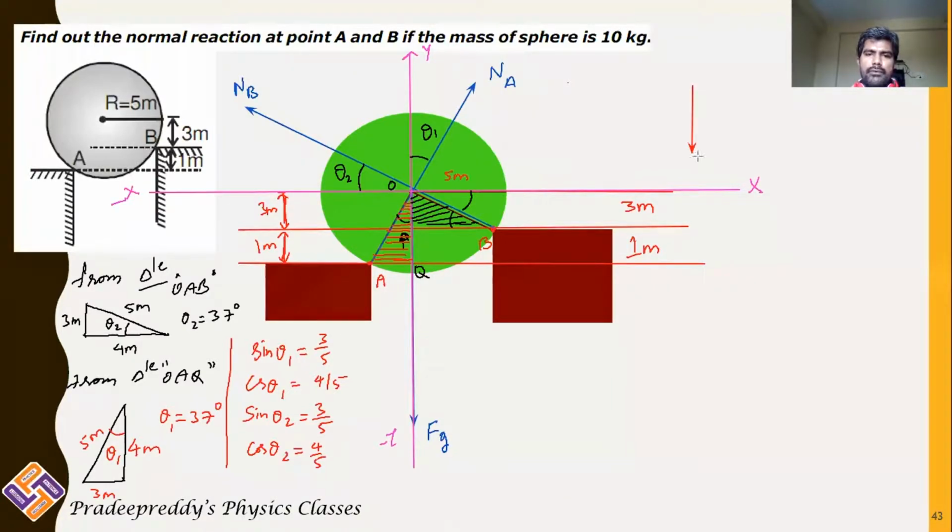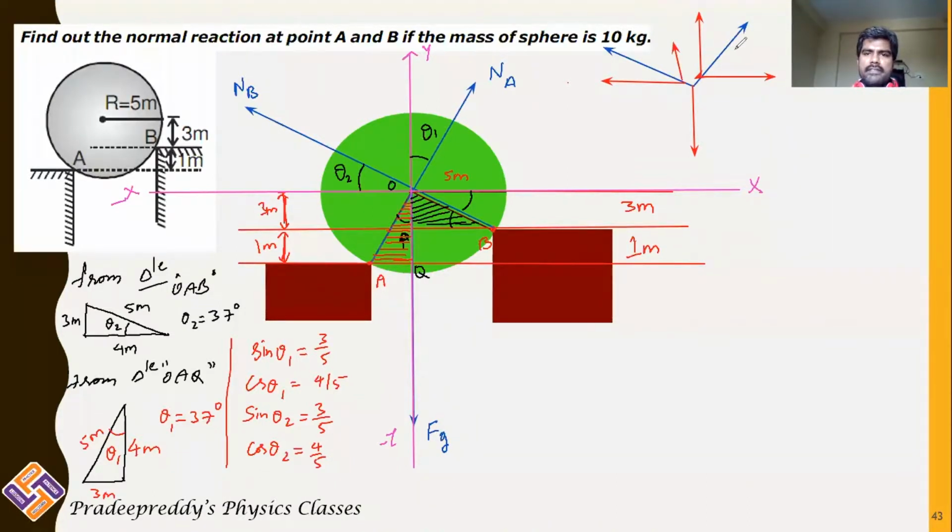This is gravitational force and this is normal reaction NA, and this is one more normal reaction NB. Okay. Now I can resolve these vectors into components. One component along x-axis, other component along y-axis. And this also I can resolve, one component along x-axis, one component along y-axis.